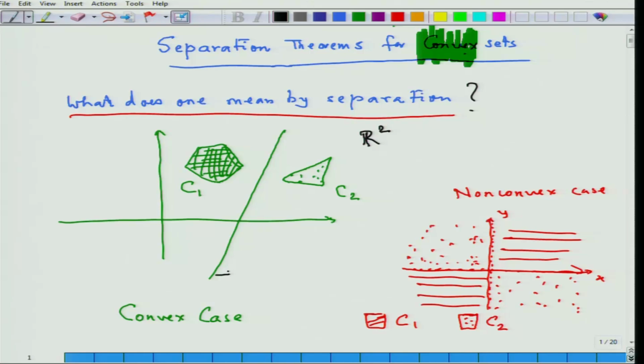Suppose this hyperplane H is given as the set of all x, I am writing in the general sense of Rn, though everything is in R2.